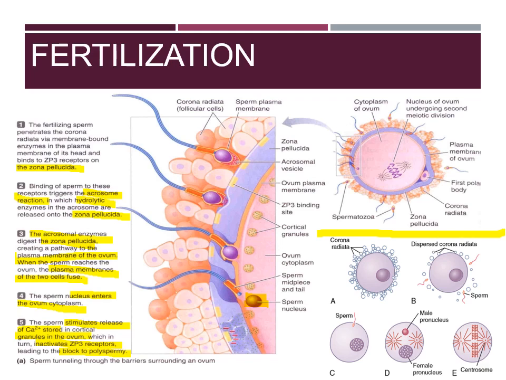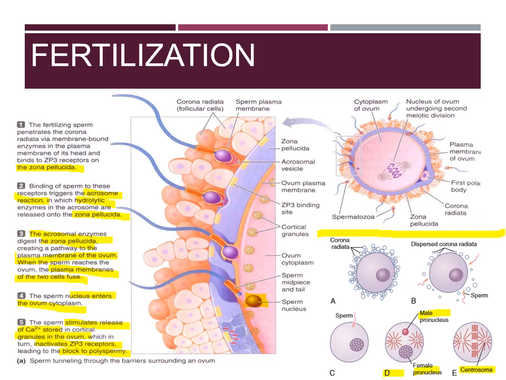We will now have a pronucleus for the male and a pronucleus for the female in figure D. The male pronucleus will align with the female pronucleus, with centrosomes on the two poles of the fertilized ovum. Then the genetic material, the chromosomes, align in parallel to each other, the male and female.